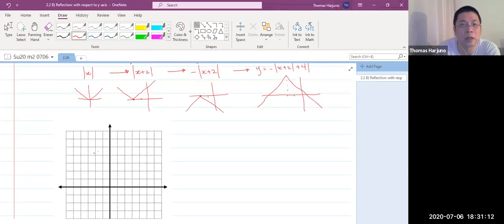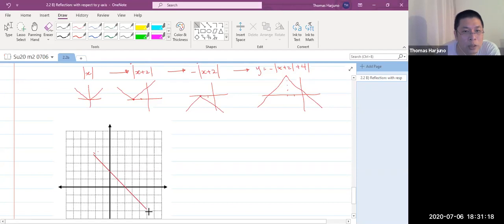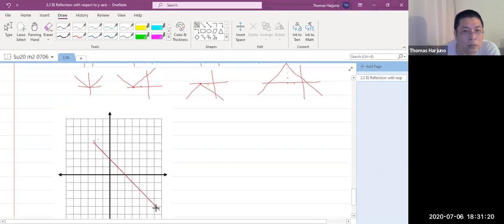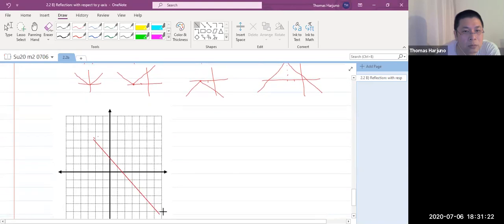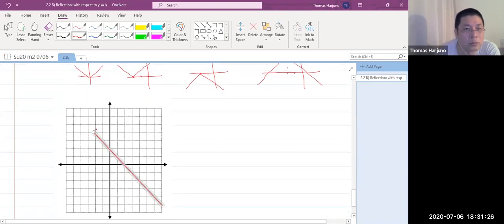That's the vertex, and we'll go this way, and this way.